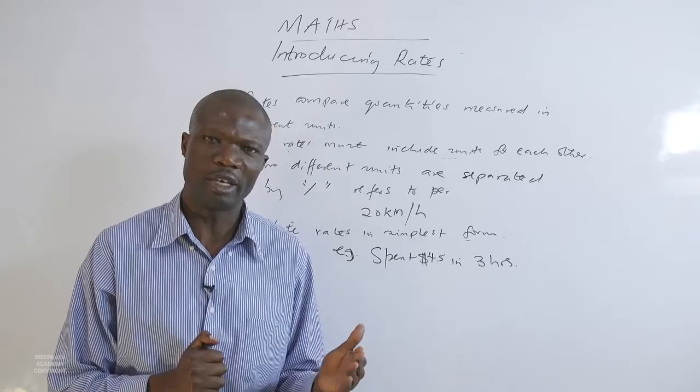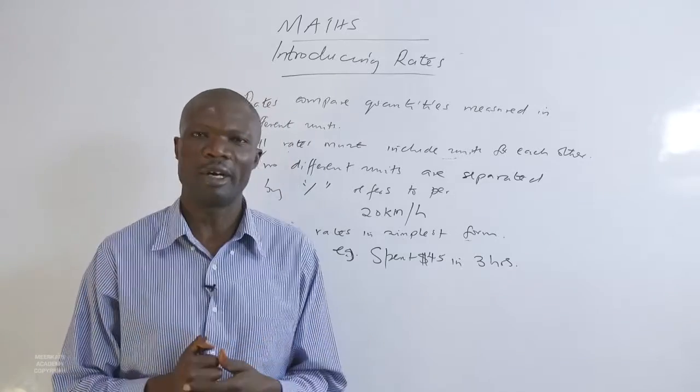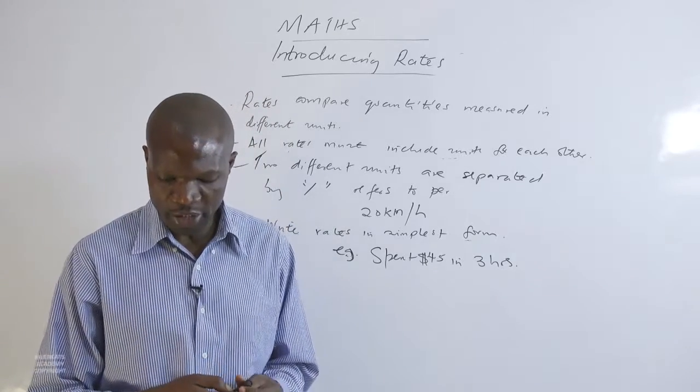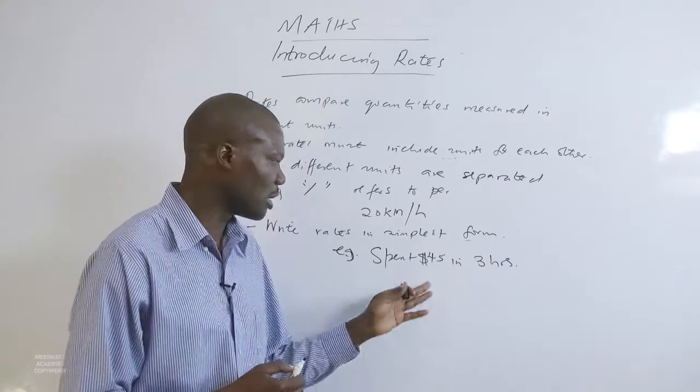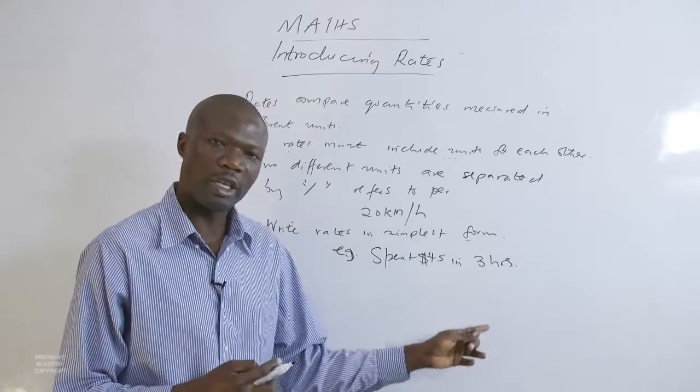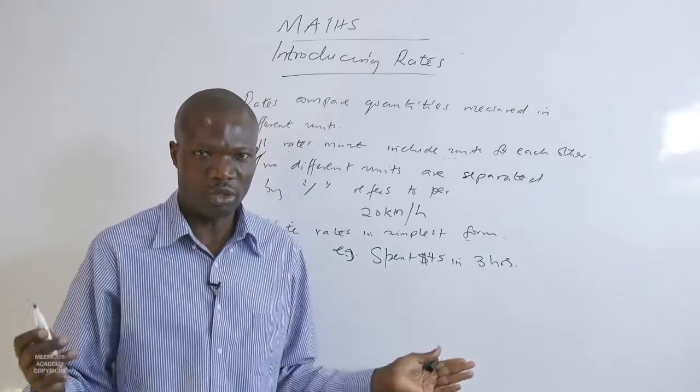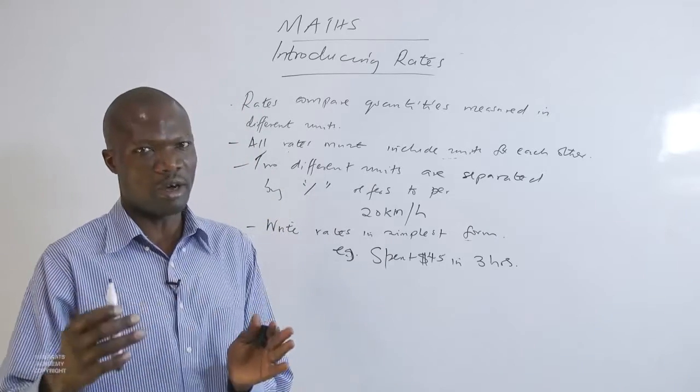In other words, how much do you spend per hour? So in this situation, this is the second unit, this is the first unit. We need to make the second unit to be 1, so that it's per hour.